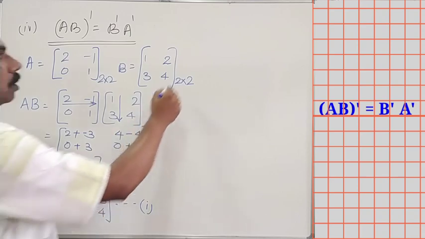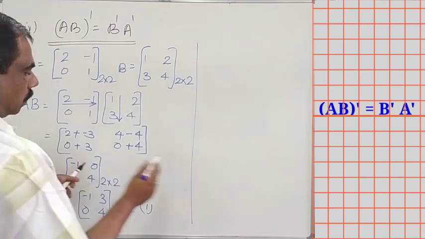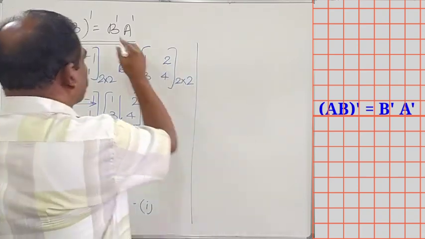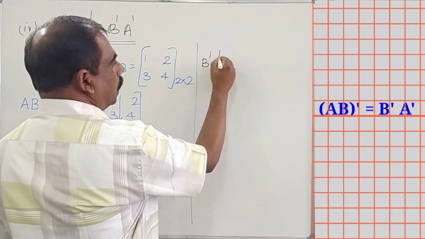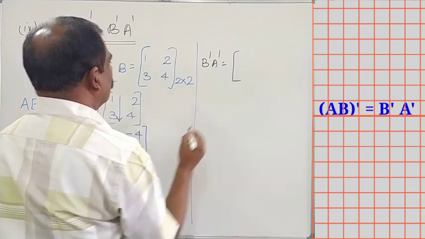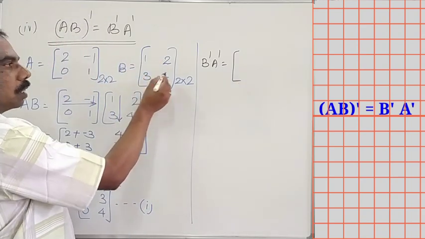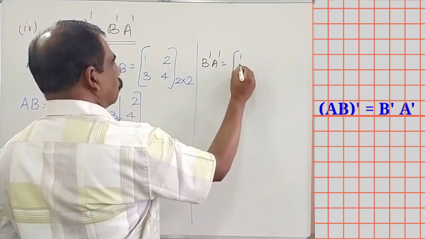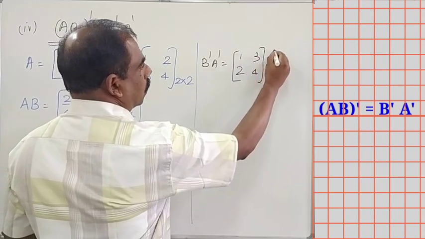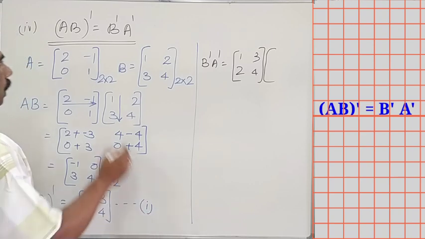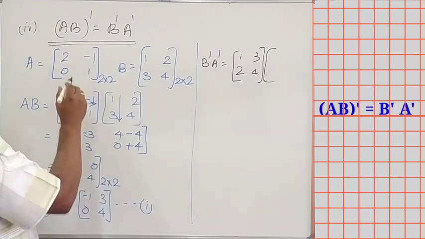We now move to the RHS. RHS is B transpose into A transpose. So B transpose into A transpose is equal to, B is the matrix 1, 2, 3, 4, and its transpose is 1, 3, 2, 4, and A transpose, that is the matrix 2, 0, minus 1, 1.